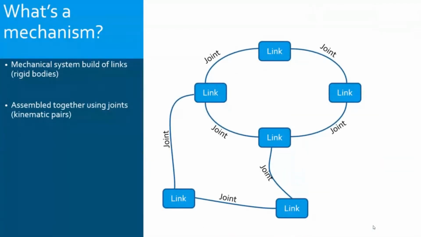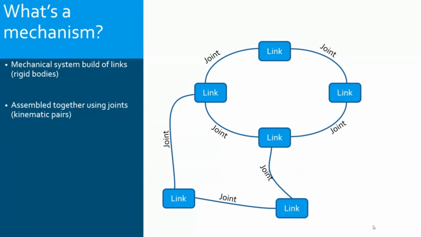As usual, this is what I have already presented. A mechanism is a collection of links. The main parts are links or rigid bodies that are connected together through joints, and the joints or kinematic pairs are of two types: lower or higher pairs.